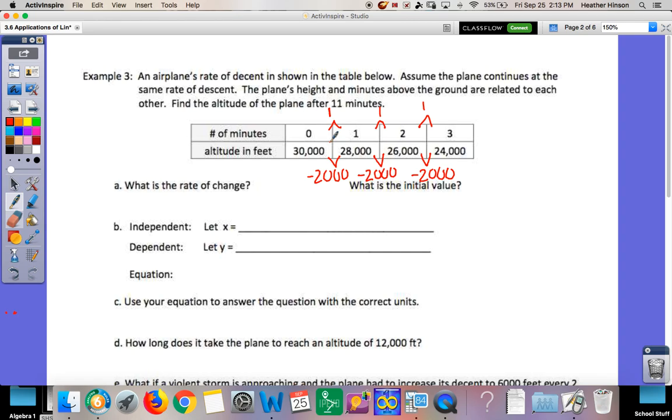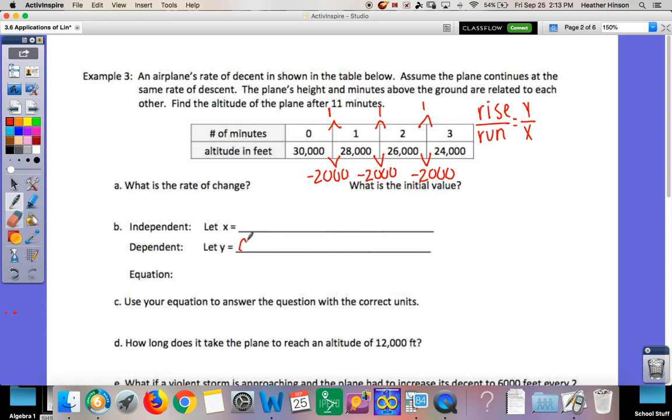When we write our slope, we have to remember it's rise over run, which is y over x. The change in y over the change in x. Which one of these is x and which one of these is y? Which one depends on the other? Well, your altitude is going to depend on how much time you're in the air, how many minutes.